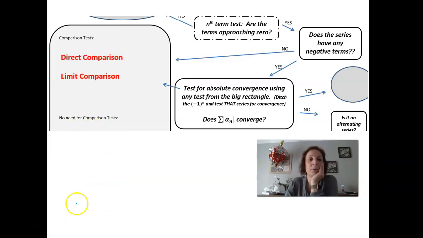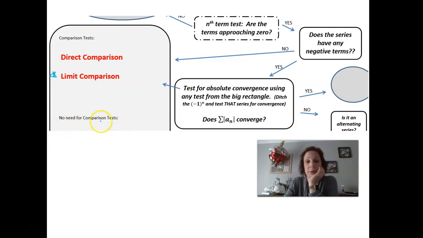So I have 2 comparison tests, limit comparison and direct comparison. As I said, please put a little star or something next to limit comparison because AP can make you use that. They can't ask you directly to use direct comparison, but they reserve the right to ask you directly to use limit comparison.